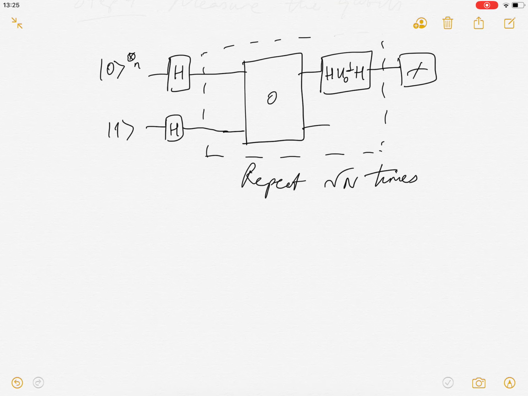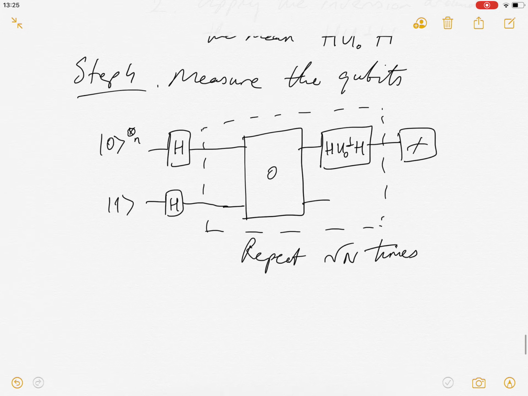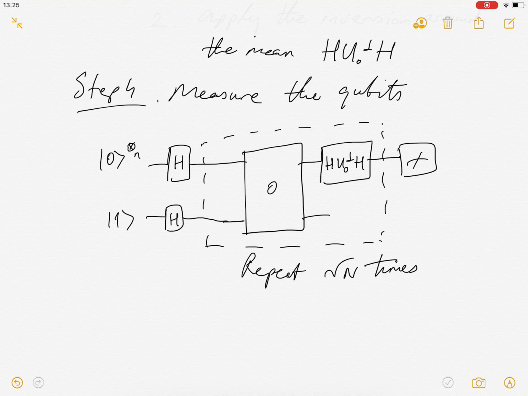Okay, so there's a really nice geometric interpretation of Grover's algorithm. In fact, this Grover's iteration is just a rotation in a two-dimensional vector space.